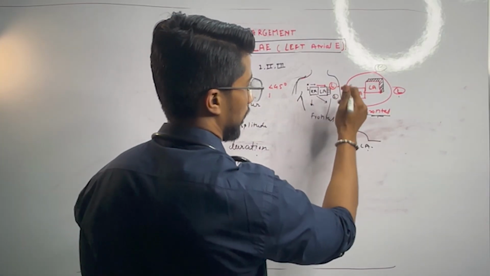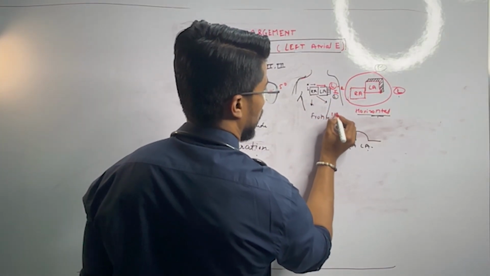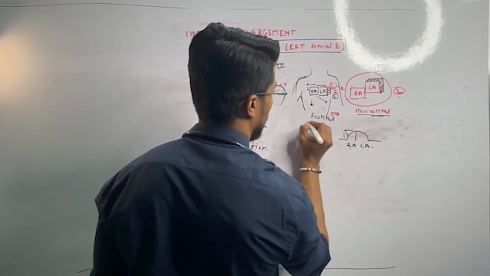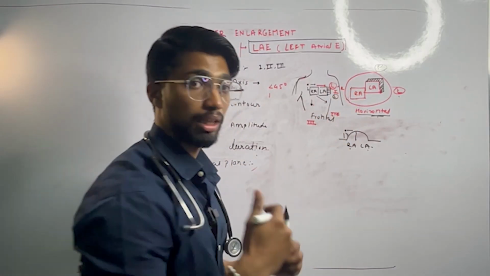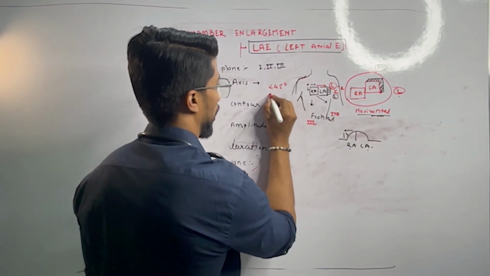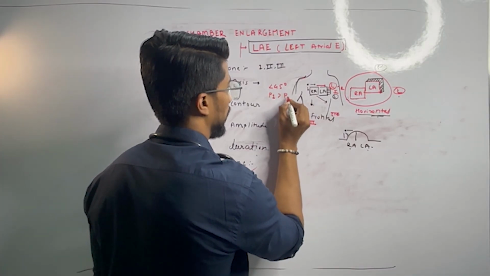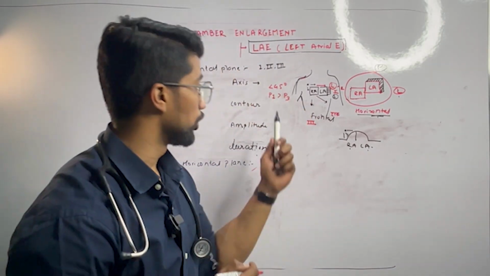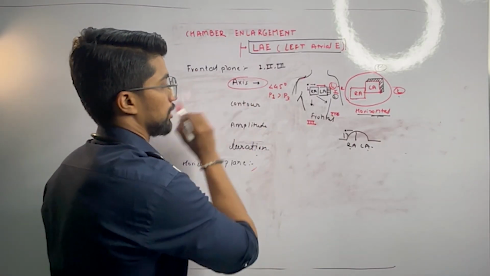We all know lead 1 is placed here, and, sorry, this is lead 2, lead 3 is placed here. Since the axis goes towards lead 1, you're going to have P1 bigger than P3. So the P wave in lead 1 is going to be more than in lead 3. That's when it comes to axis.